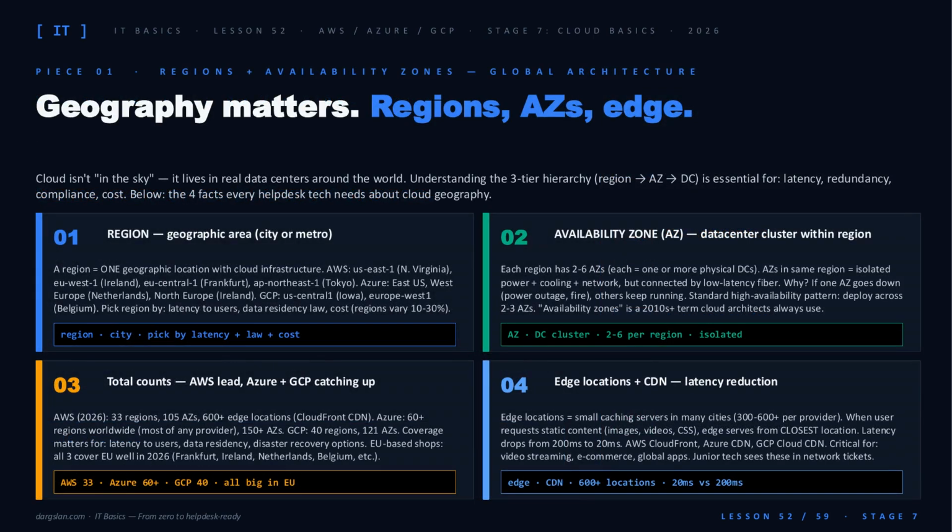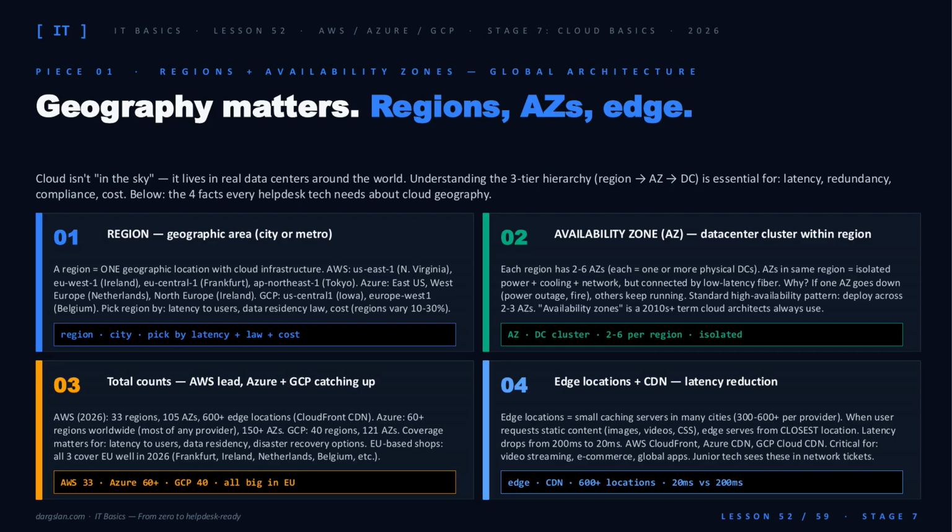Before we dive into services, let's ground ourselves in geography because the cloud is very much a physical thing. Every provider organizes its world in the same three layers. A region is a city or metro, like Frankfurt or Northern Virginia. Inside that region, you'll find 2 to 6 availability zones, each one an isolated cluster of data centers wired together with fast fiber.